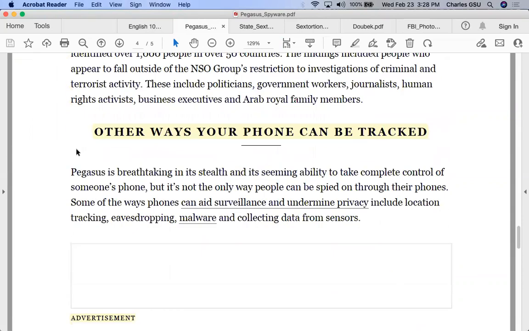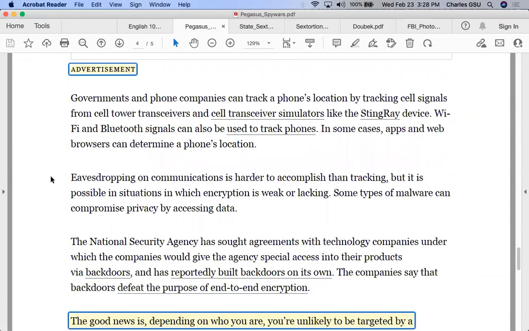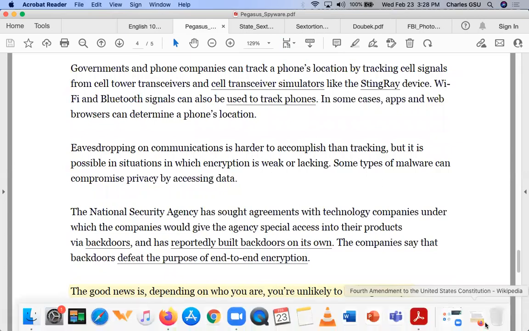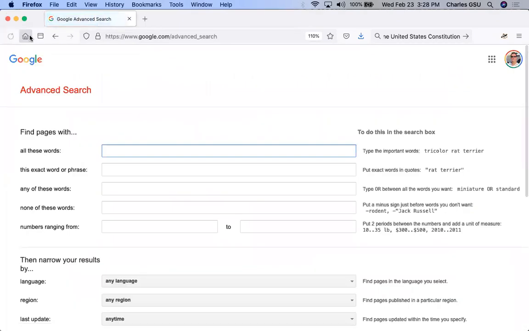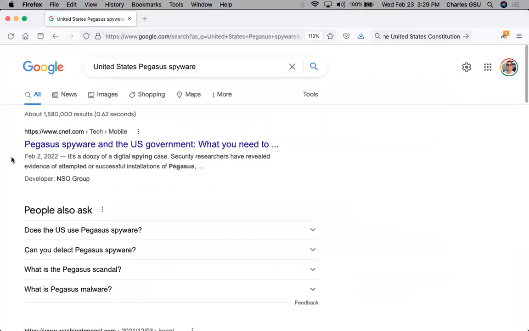And other ways your phone can be traced. Yeah, so let me go back to this point I was trying to make a moment ago. Let's see, that's CNET. So this is February 2022.